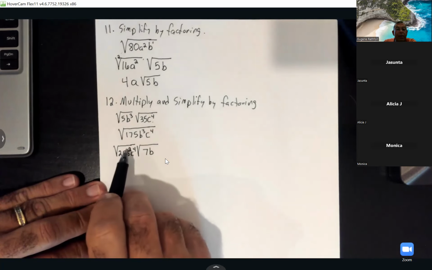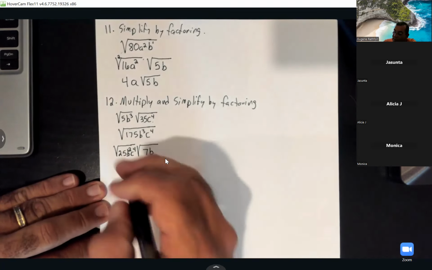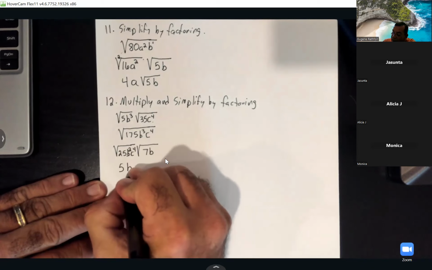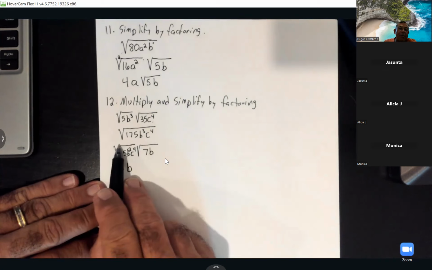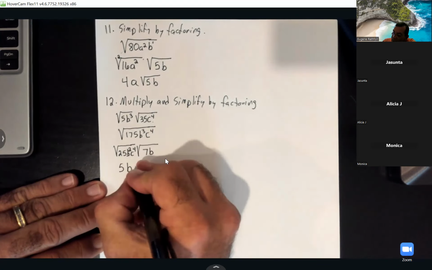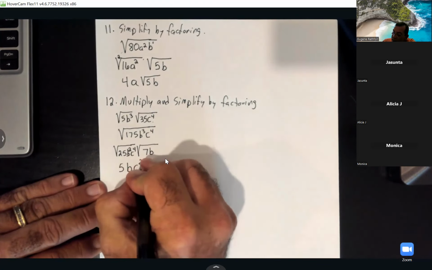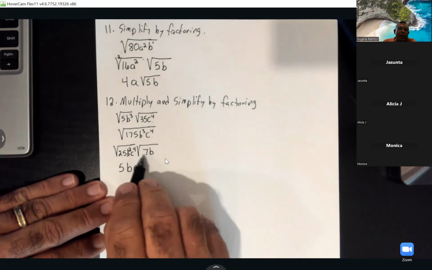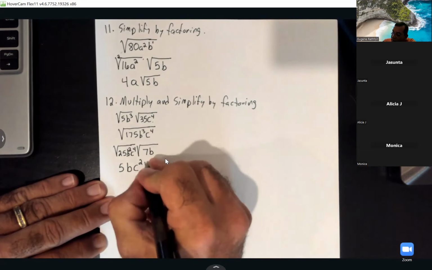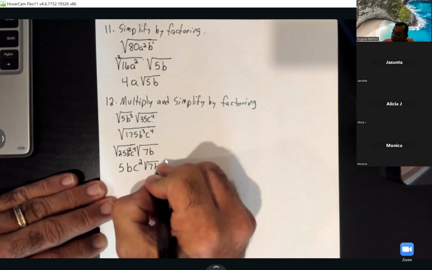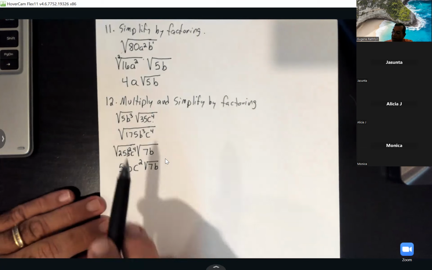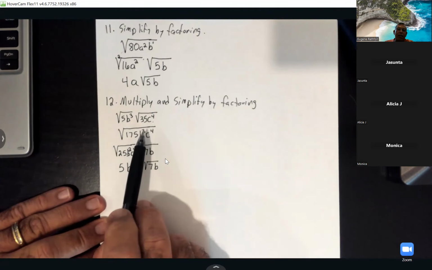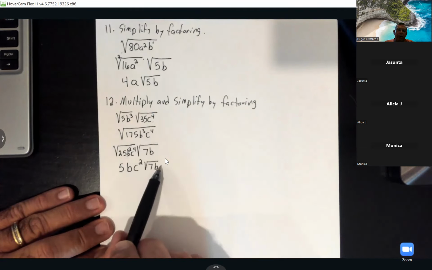On the b, 2 divided by 2 leaves me 1, so I come out with 1b. On the c, 4 divided by 2 is 2, so that comes out as c squared. And then we cannot do anything more, so the square root of 7b comes down. Okay, so just remember on these, if it's an odd exponent on a variable, you will have leftovers under that radical.